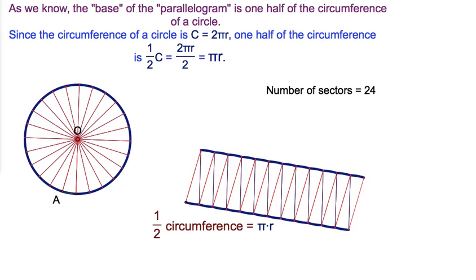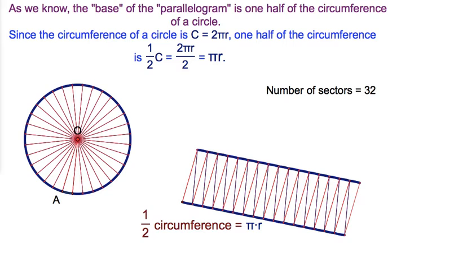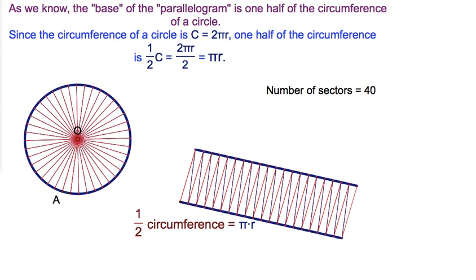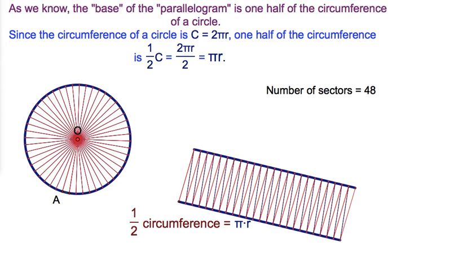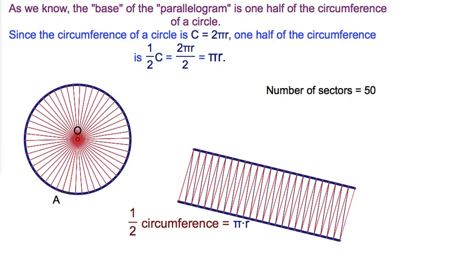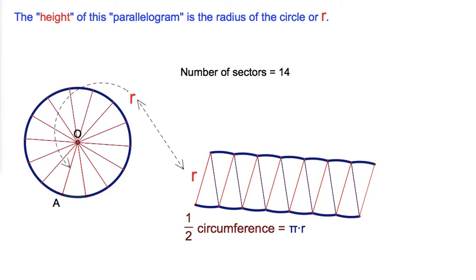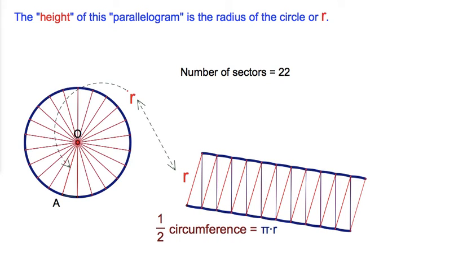Since the circumference of a circle is equal to 2 pi r, 1/2 of the circumference is equal to 2 pi r divided by 2, or pi r. The height of this parallelogram is the radius of the circle, or r.